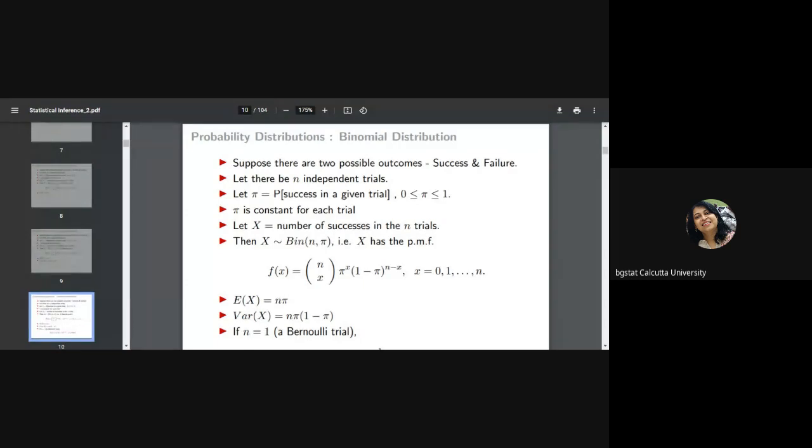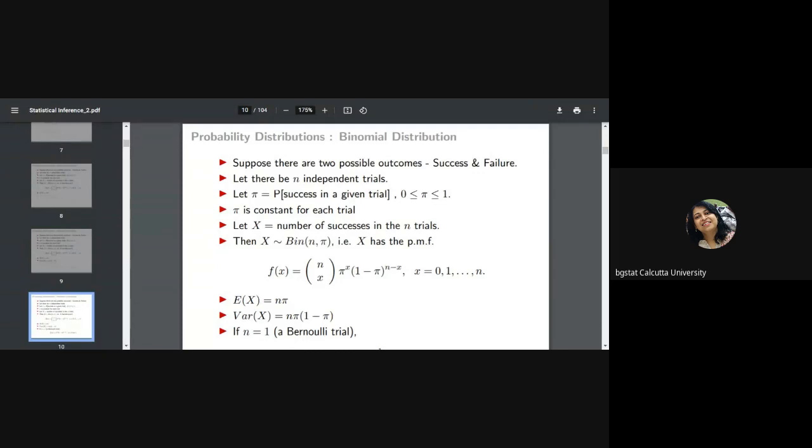So I have to plug in small x equal to 0 in the expression given here. You will see that f of 0 is n choose 0, which is 1, pi to the power 0, which is also 1, times 1 minus pi to the power n minus 0, or 1 minus pi to the power n.